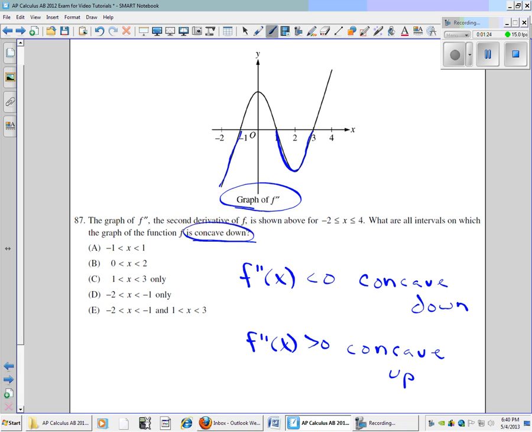And here's the other thing I need to think about. When we talk about concavity, we don't include the endpoints, the values of -2 and -1. If we're talking about increasing and decreasing, we include the values at the endpoints, but on concavity, we do not.